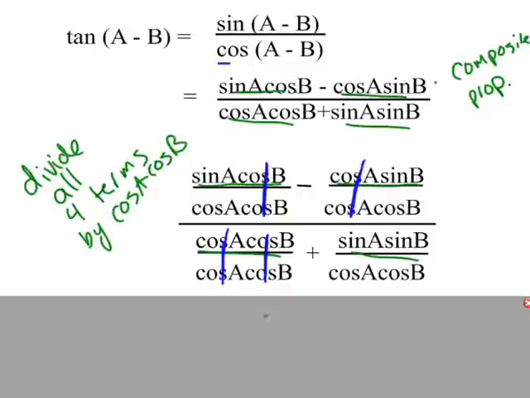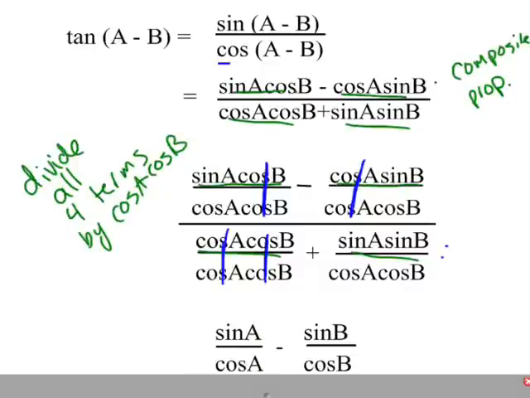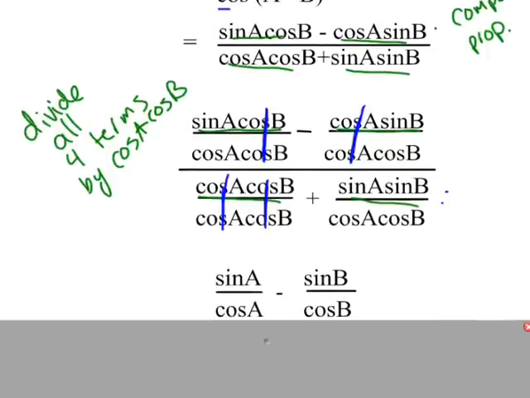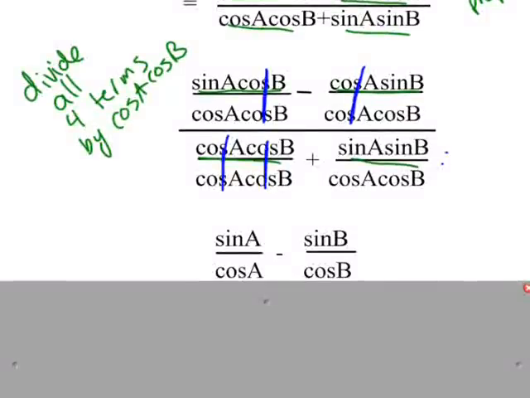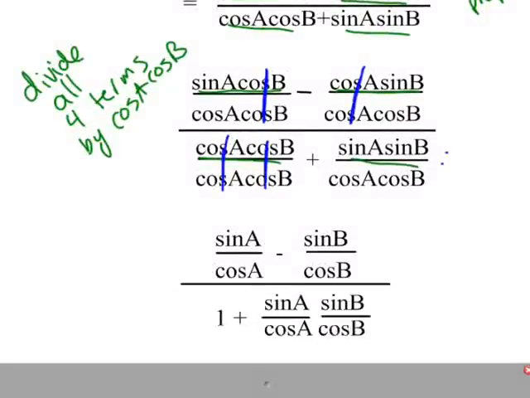And over here, nothing crosses. All right, let's simplify this a little bit. Okay, so I just got rid of my crossing out so you can just see it a little cleaner. Everything crossed off here, so that just became a 1.